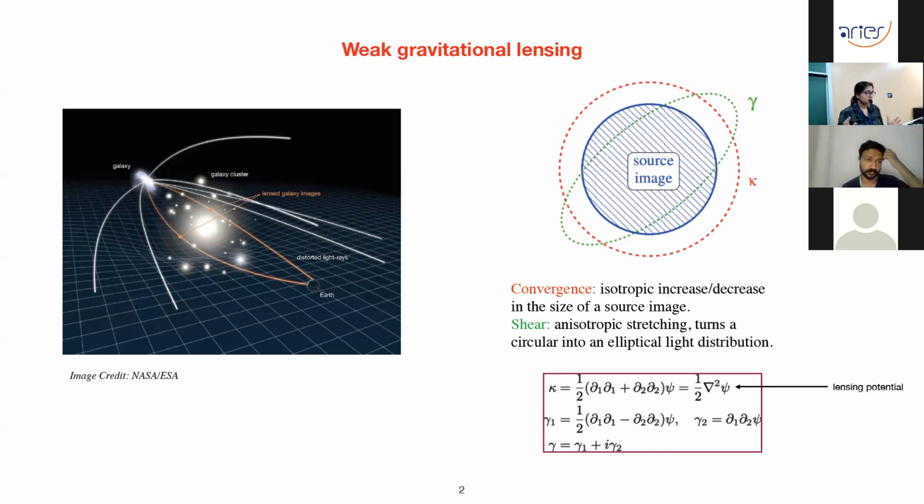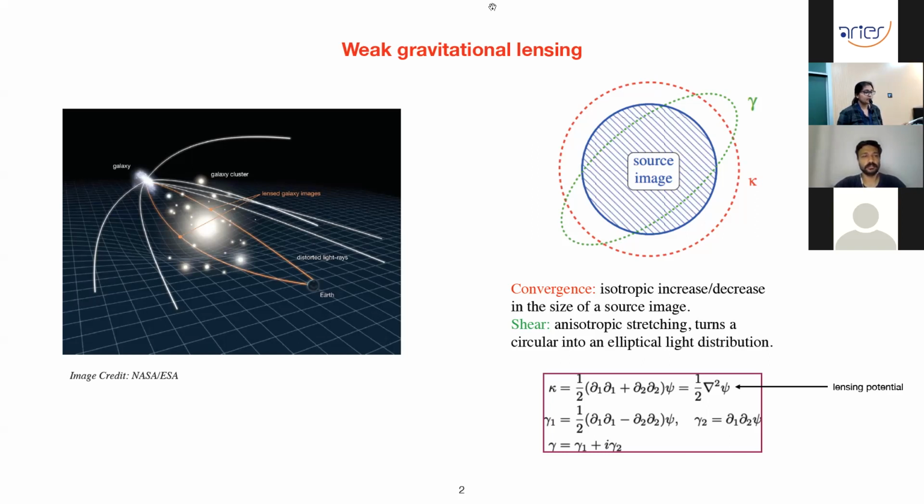But it's not so straightforward because the photons undergo deflection along their path due to the matter distribution present between the source and the observer. This deflection of photons is manifested in the form of weak gravitational lensing.